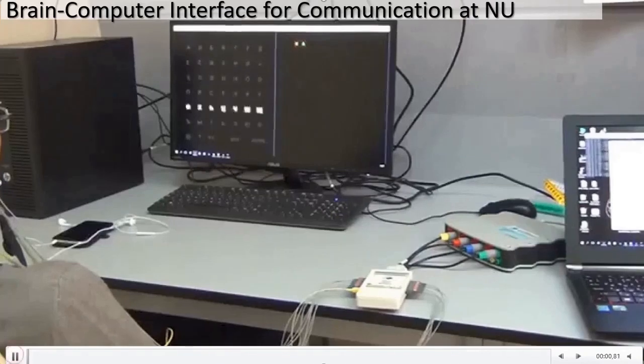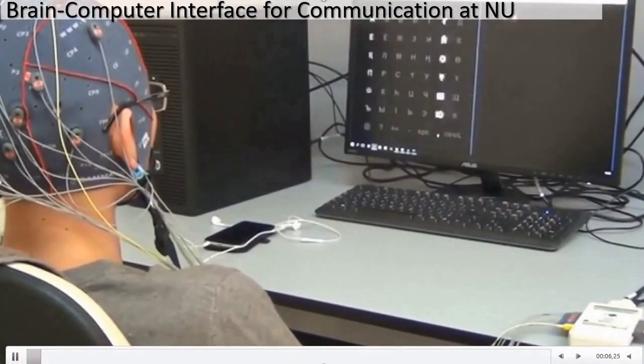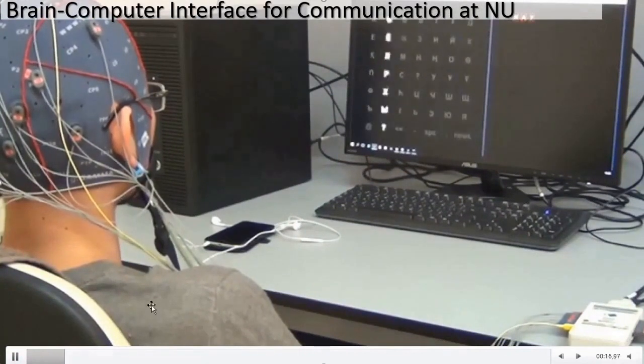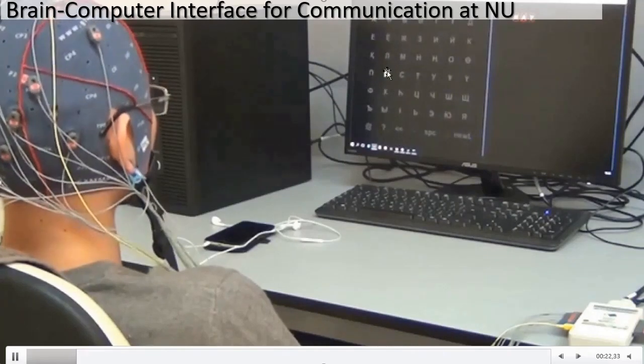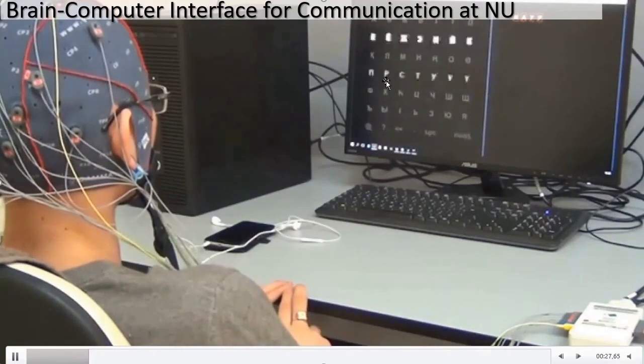So at our lab in Nazarbayev University, we have also developed a non-invasive version of this technology, BCI for communication, as you can see here. And the target and non-target event is based on his intention, what he wants to communicate right now.